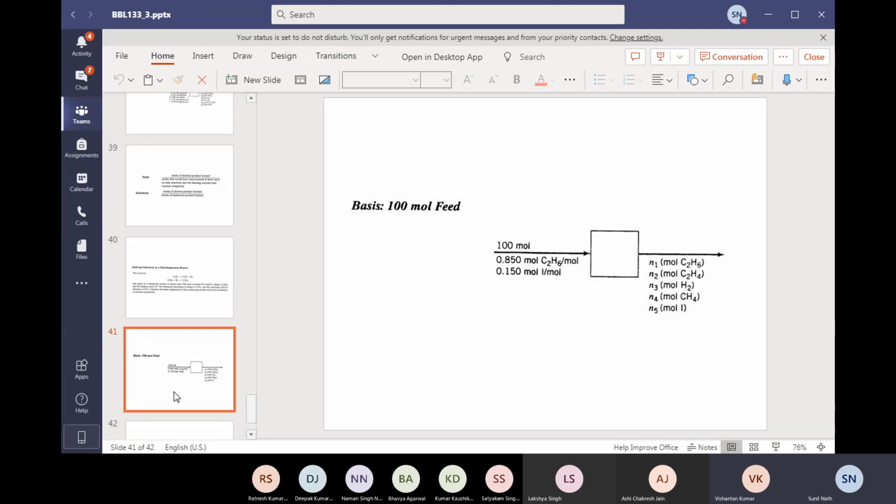For the fractional conversion, will we consider the ethane that got converted to methane as well? Well, you have to find out how much is consumed per hour. So of course you have to consider both the reactions.